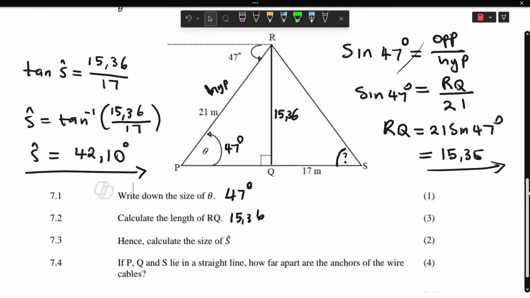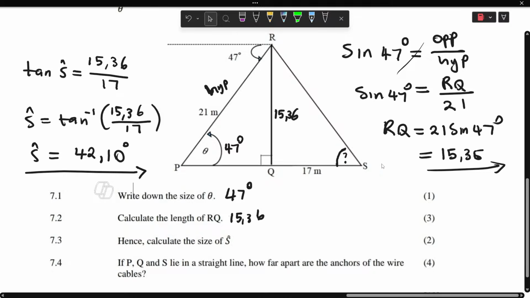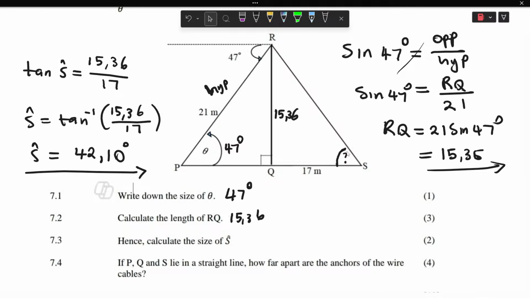You see? So, if PQS lies on the straight line, you need to first find the length of PQ. To find PQ, it will be an easy thing for us to do.